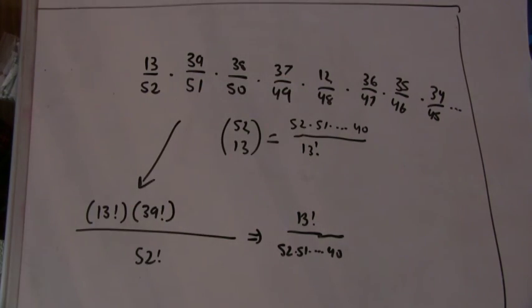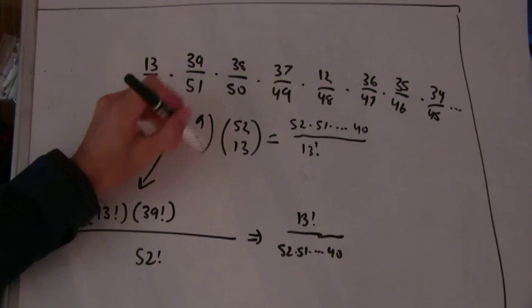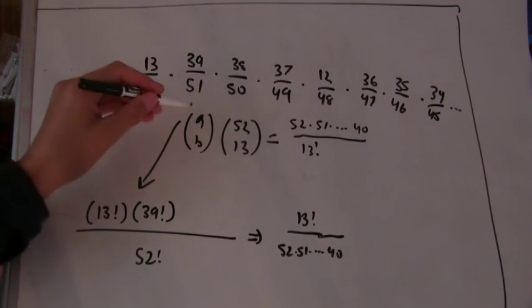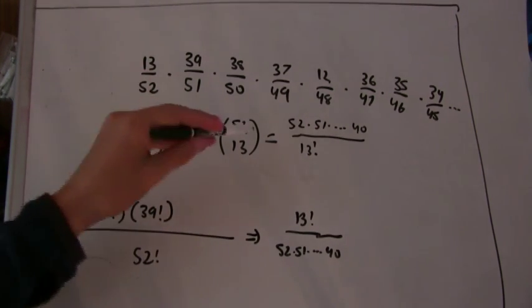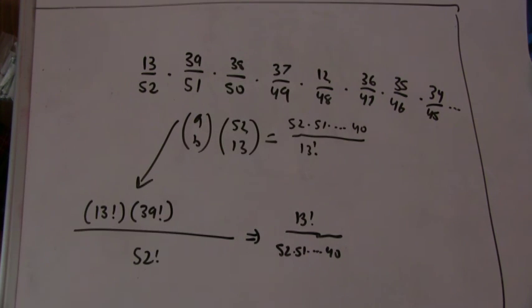I think you write, for A choose B, you write B terms of A over B factorial. Alright, well, let's revisit this for a second so we make sure we don't forget it.